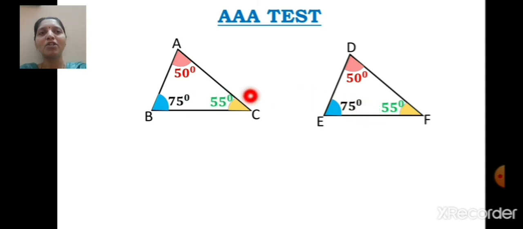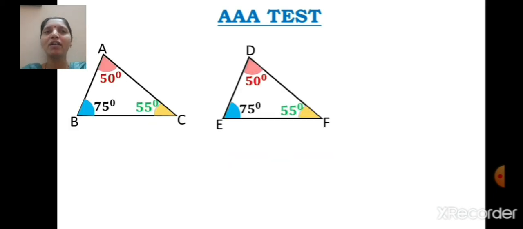After seeing the measurements of all the 3 corresponding angles, you can easily say that angle A corresponds to angle D, angle B corresponds to angle E, and angle C corresponds to angle F, and all the corresponding angles are congruent, right?